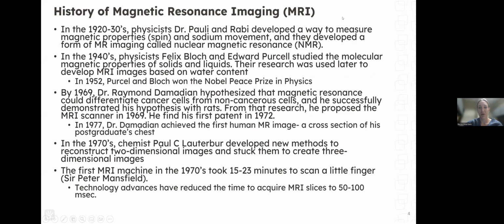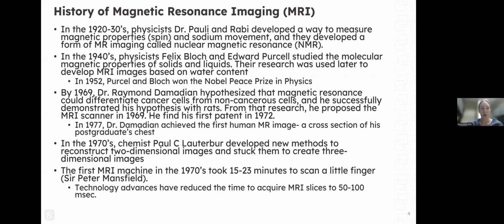So briefly, I just want to go over the history of MRI imaging. It's relatively new in the grand scheme of things. In the 1920s and 30s, you had physicists Dr. Pauli and Dr. Rabi who discovered a way to measure magnetic properties, the spin of sodium movement, and then they developed the form of MRI imaging called nuclear magnetic resonance, so NMR.